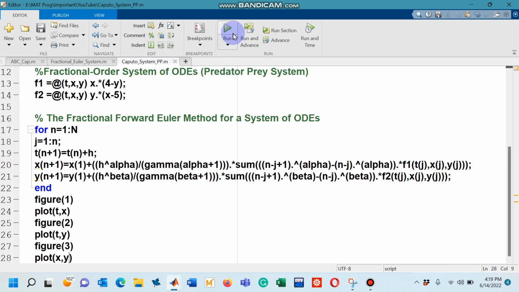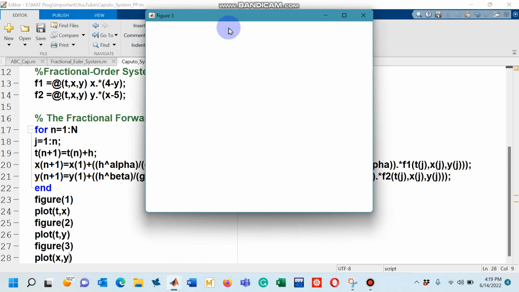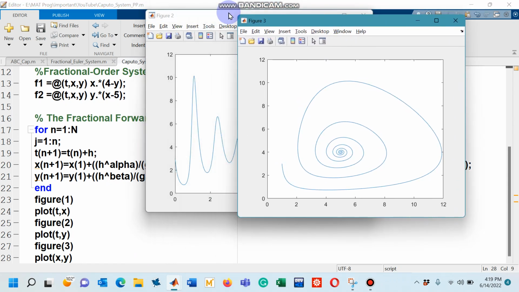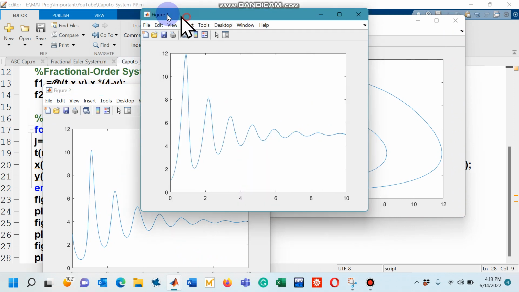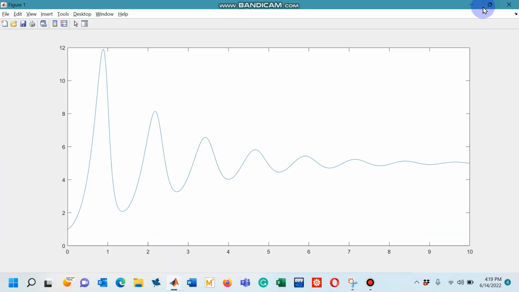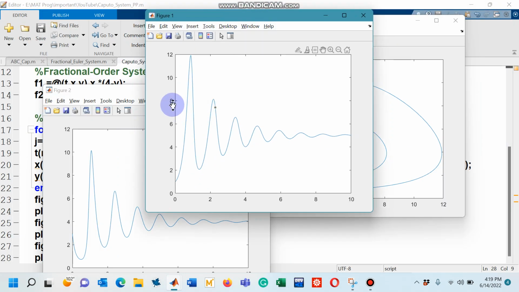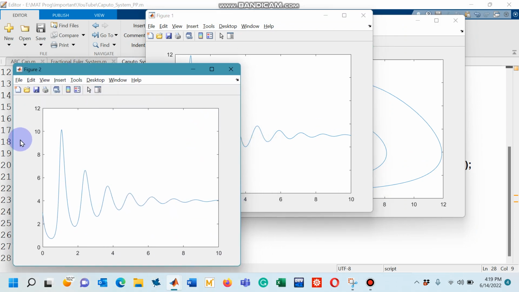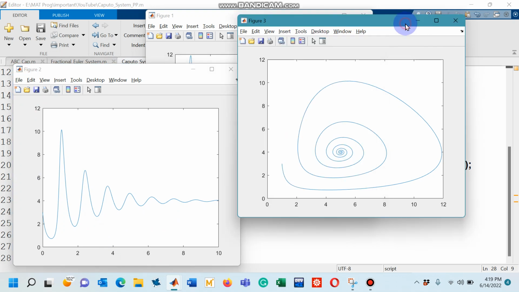So run the code, and here we have all the three required pictures. As you can see on the screen, this is figure 1 for x versus t, figure 2 y versus t, and this is the phase plane y versus x.